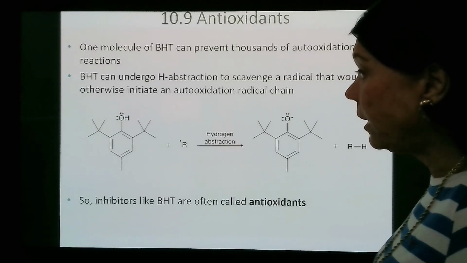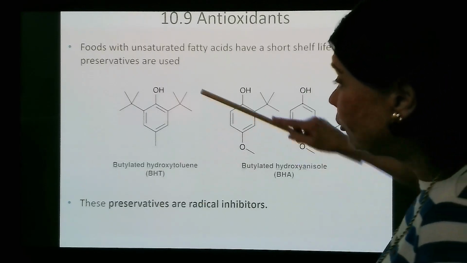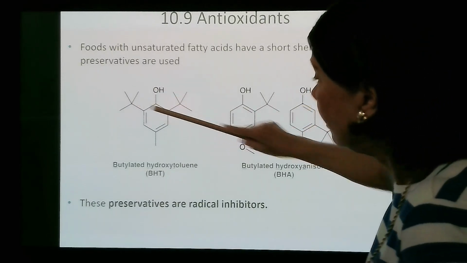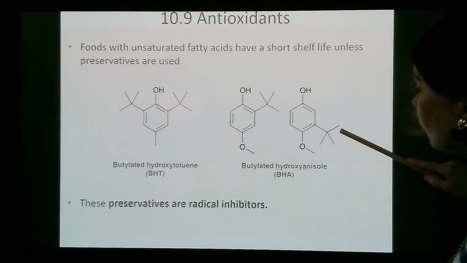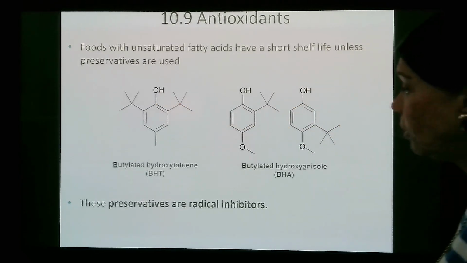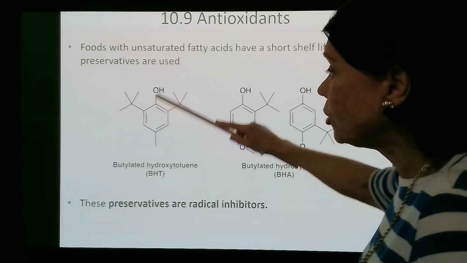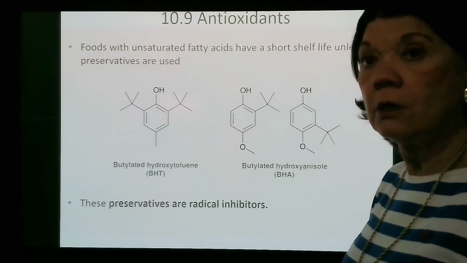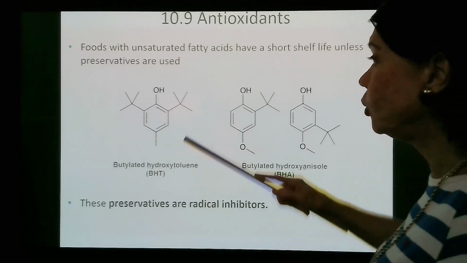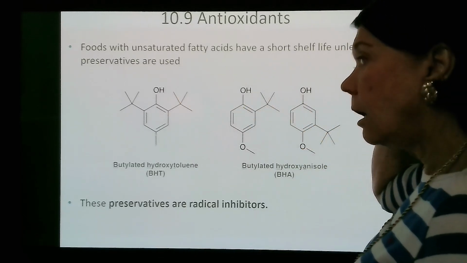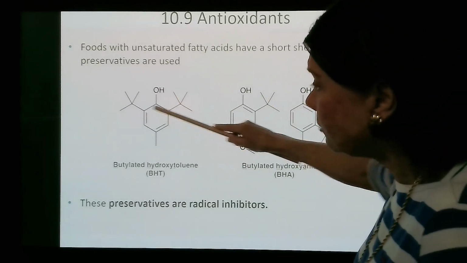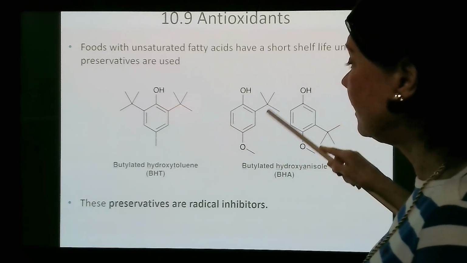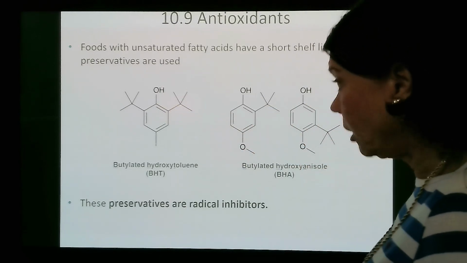And I might just point out, do you see these large T-butyl groups on both sides, or on one side, or on the molecule itself? Well, those are there to keep these things from simply dimerizing, reacting with each other, and consuming each other. So the steric hindrance here will prevent these things from reacting with each other.